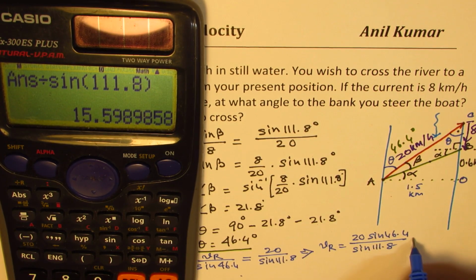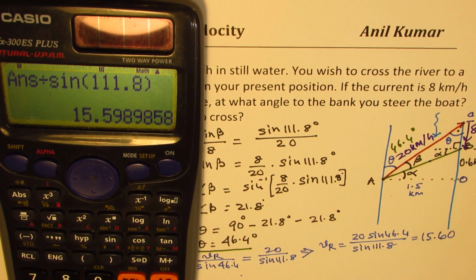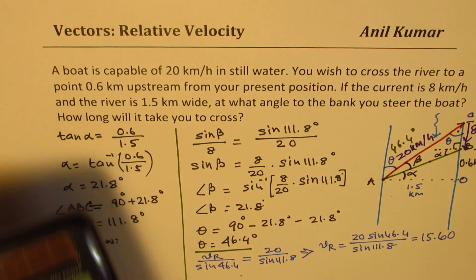So this is equal to 15.598, let's say 15.60. So that is the resultant velocity, 15.60.